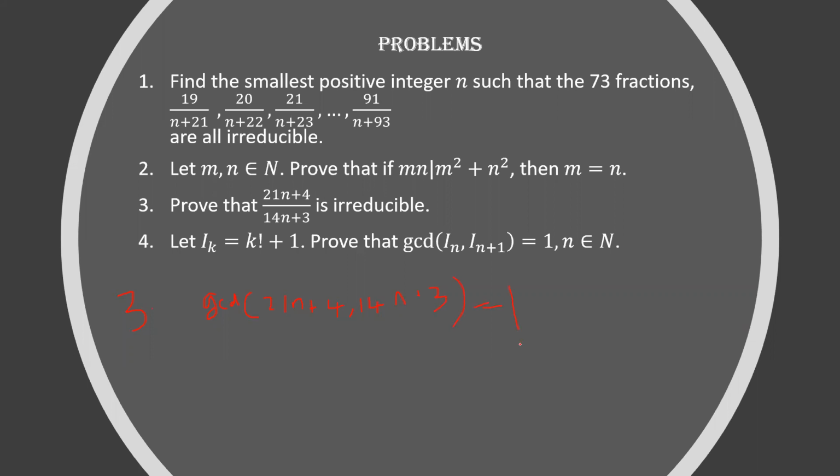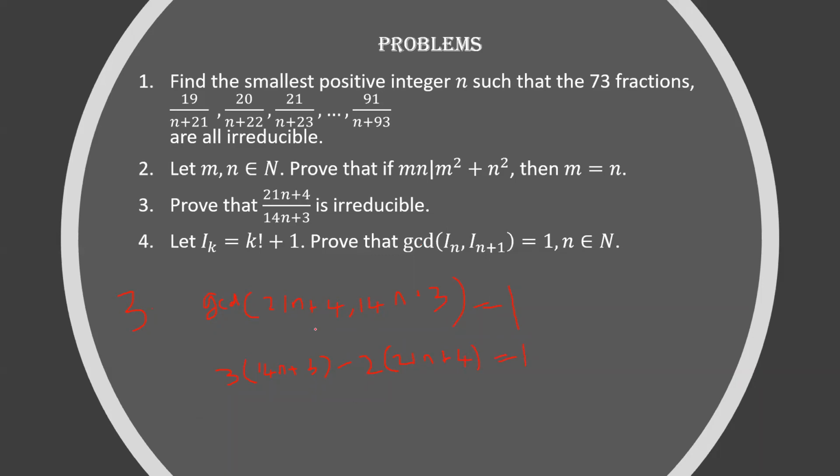And how to do this? We can use our Bezout's identity. How to do that? Okay, I'll tell you how to do that. Now, see, if you note closely, you can see that 3 times 14n plus 3, minus 2 times 21n plus 4 is equal to 1.